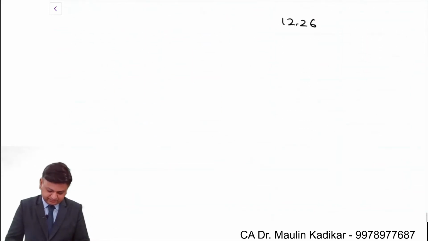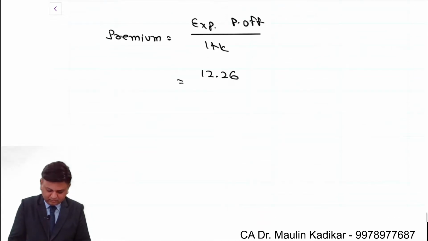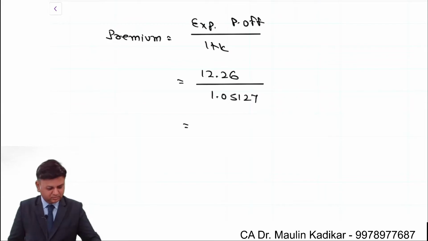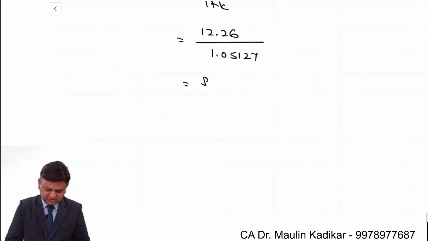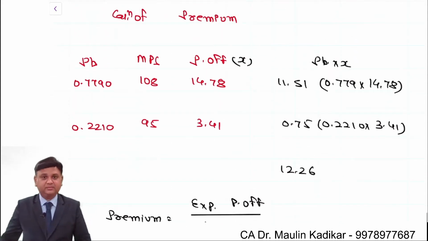Please write an answer. Premium is expected payoff divided by 1 plus k. 12.26 divided by 1.05127. That is 11.66. That is the amount of the call premium.